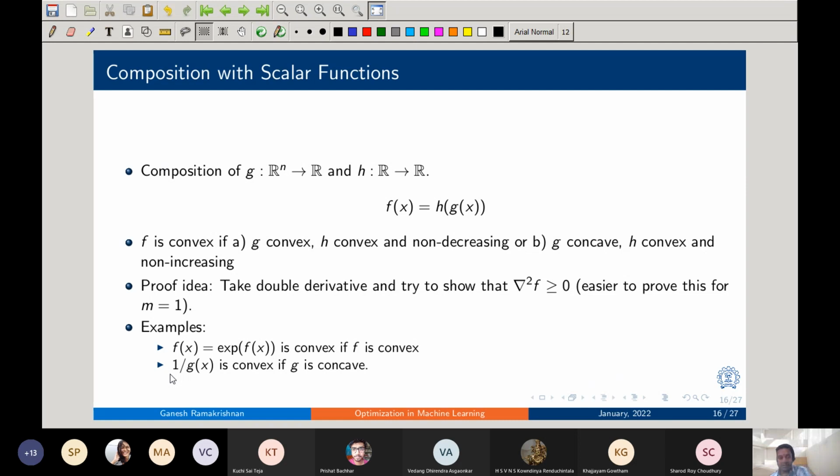Now some other interesting properties. Now we are really getting into calculus. This is really what we call the calculus of convex functions. And we'll do likewise a calculus of gradients later on.